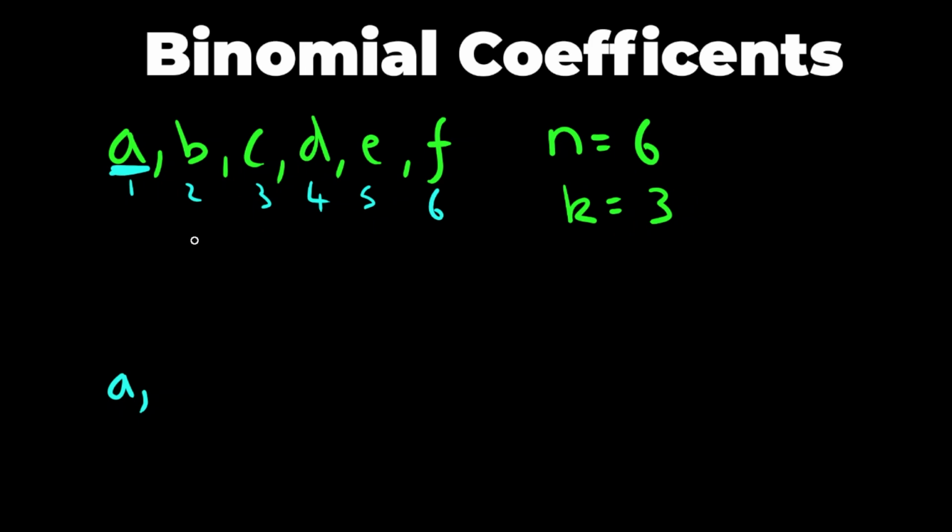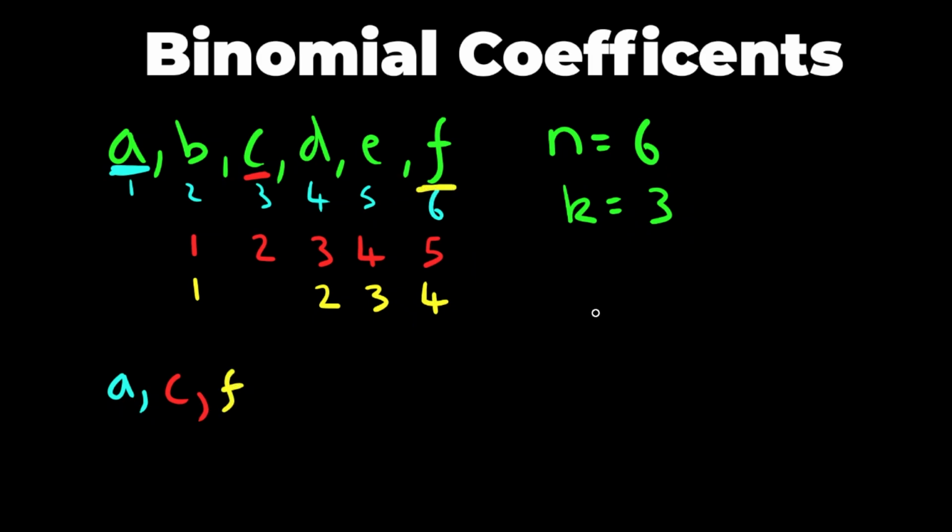Left over, I have B, C, D, E, and F, a possibility of 5 different things. Let's say I select C. Okay, so now I've got left over B, can't have C, D, E, F. 4 possibilities. Let's say I select F.